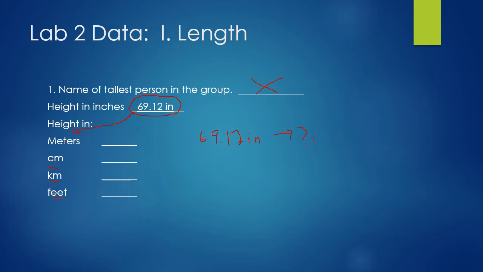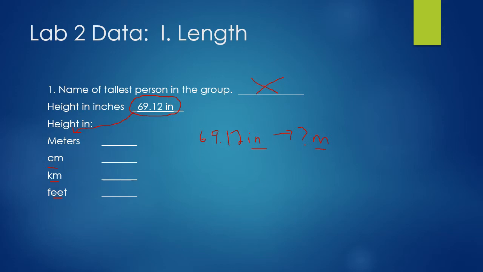So notice this first conversion is going to be English, inches, to meters, metric. So whenever you're going between English and metric, you need to look up a conversion factor. You can't just move the decimal point. So you would find a conversion factor getting you between inches and meters, and then set up your dimensional analysis so that you're canceling out the inches and you're left with meters.